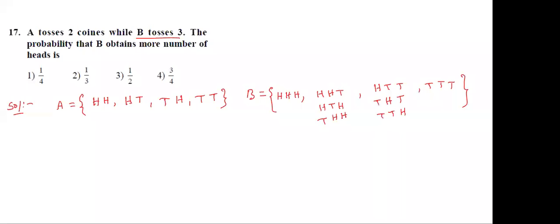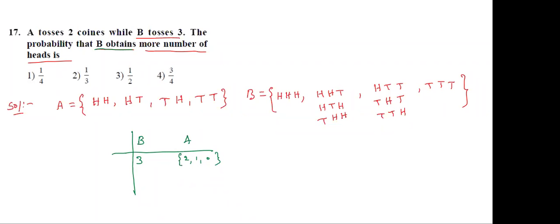Okay. Now, what is the condition? See here. The probability that B obtains more number of heads. Here write first B, next A. Suppose I am expecting B has 3 heads. A's possibilities are 2 heads, 1 head, 0 heads. B obtains more number of heads compared to A. That is the condition.